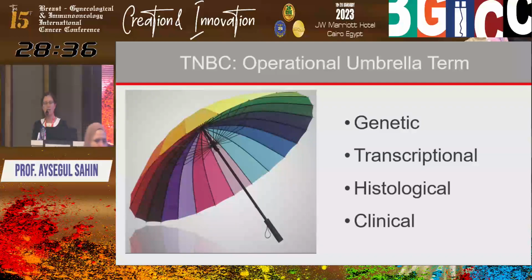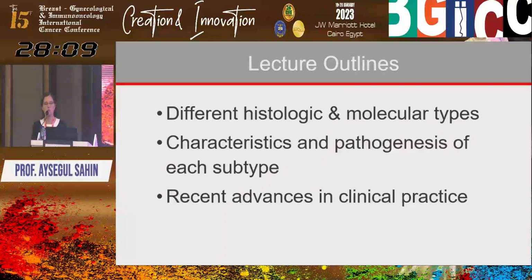And today, most likely triple-negative breast carcinoma is used as an umbrella term. And it includes all these different entities with genetic, transcriptional, histological, and clinical features. And probably within 5 years, 10 years, we are not going to use this term anymore, because now more and more we are identifying the special subtypes of these tumors.